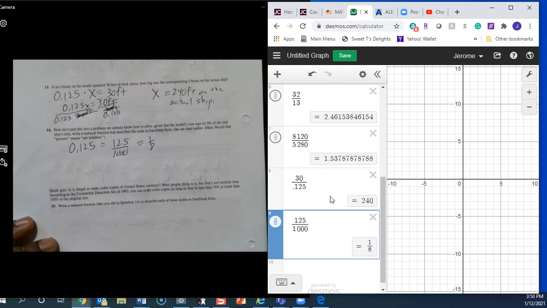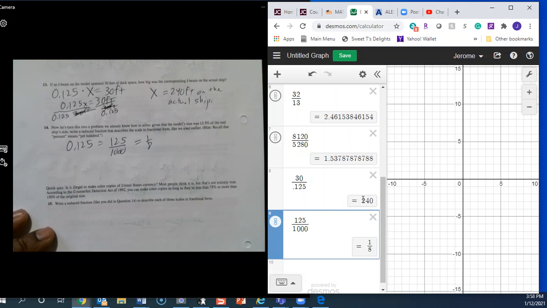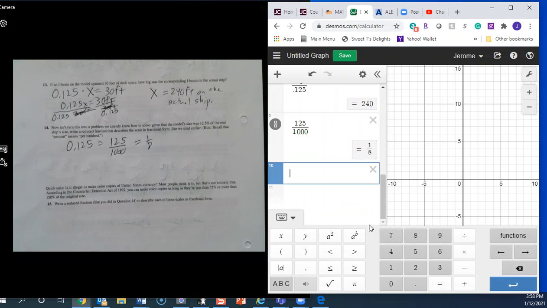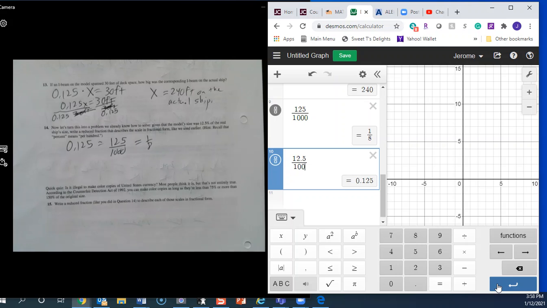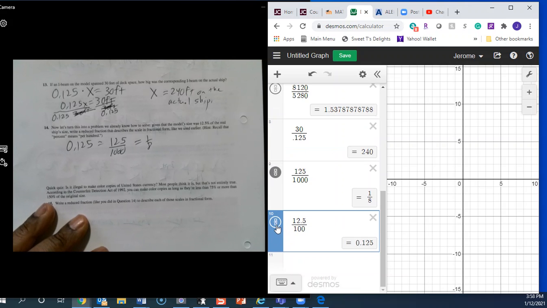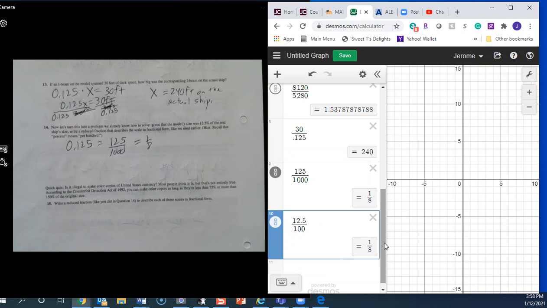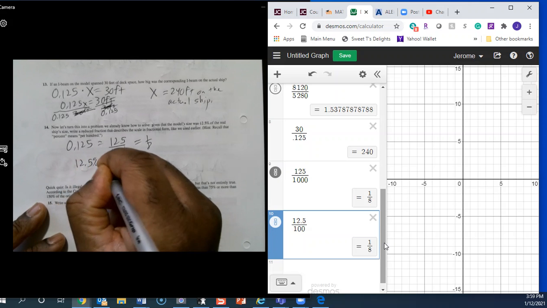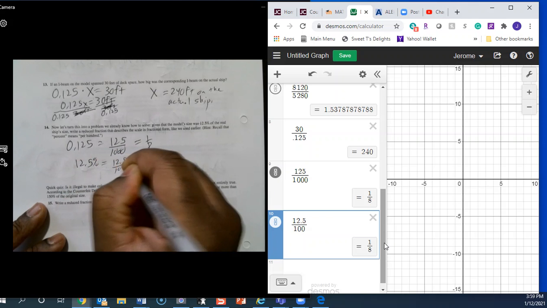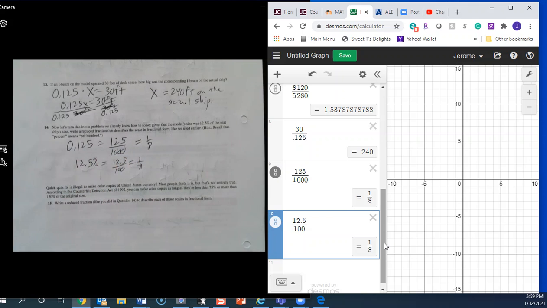Since it was 12.5%, we could take 12.5 and divide it by 100, because remember, percent means divided by 100, and then hit the fraction key, and it still gives you 1/8. So we could take 12.5%, which is 12.5 over 100, which is also 1/8.